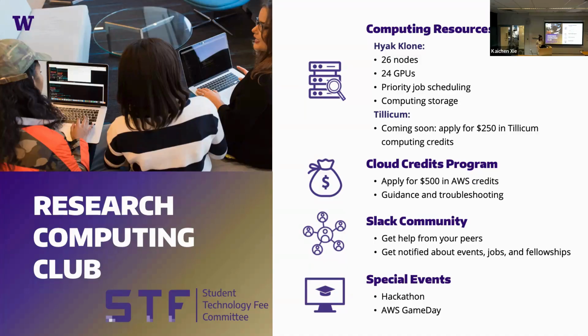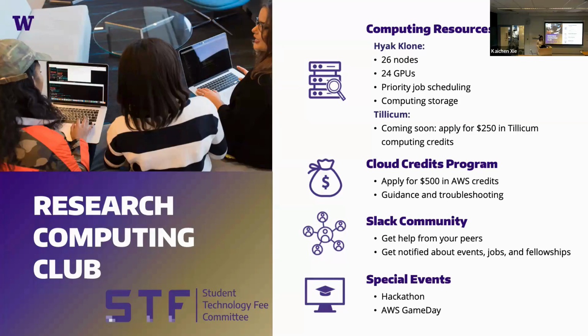And students are using this for thesis, dissertation, or their own exploration and development of technical skills. And we are in the process of launching the STF account for Tillicum, so just stay tuned. The RCC also has a cloud credits program where students are invited to apply for $500 of computing credits from AWS.